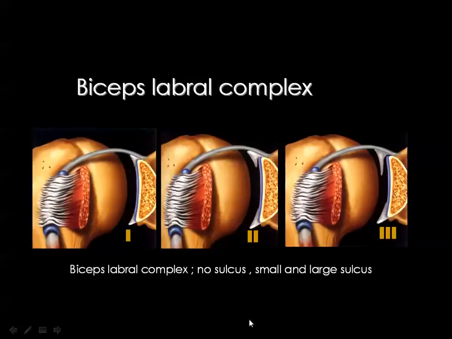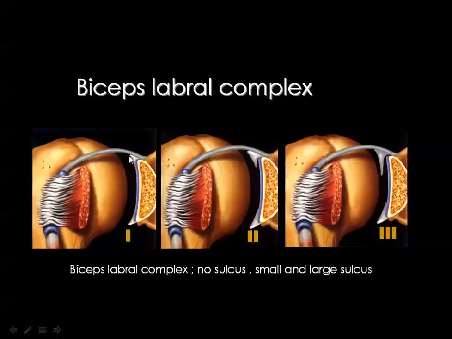Then we come to one of the important issues, which is the biceps labral complex. And you know that the long head of the biceps tendon will pass into the bicipital groove, and course above the head of the humerus to insert at the base of the superior labrum. Then we have to say that the superior labrum may have three normal appearances on MRI.